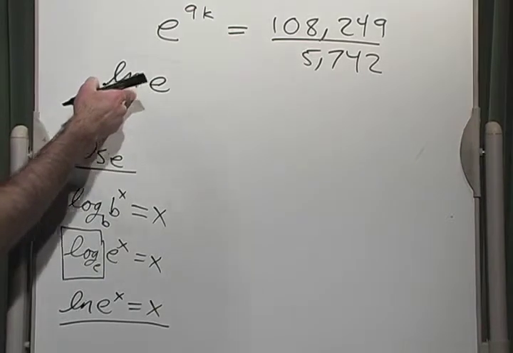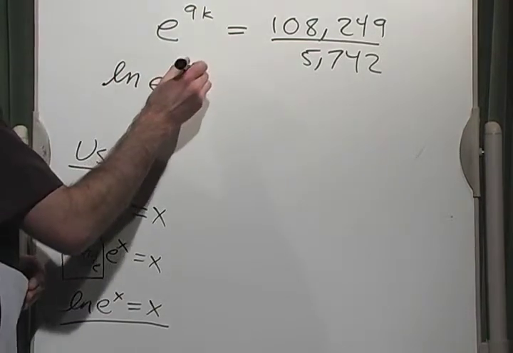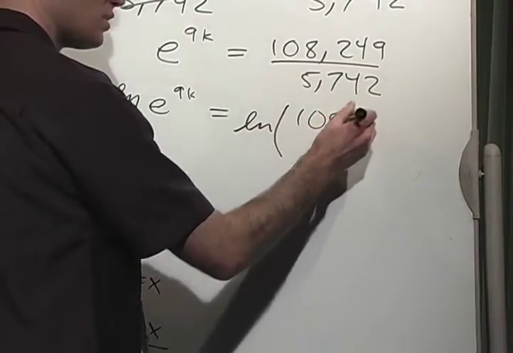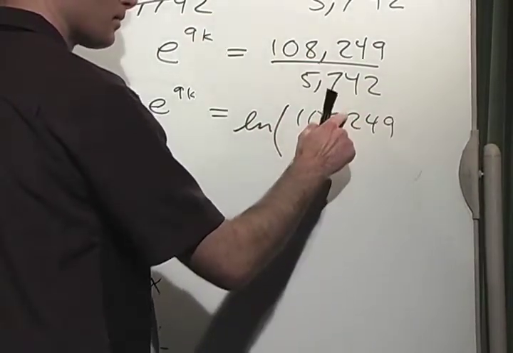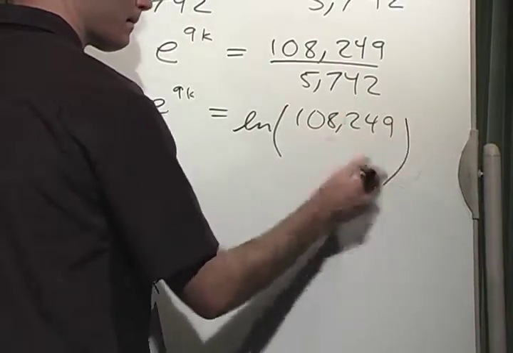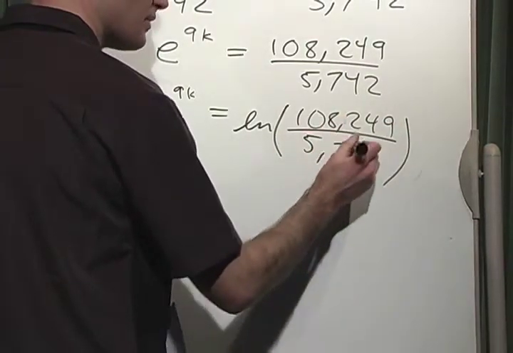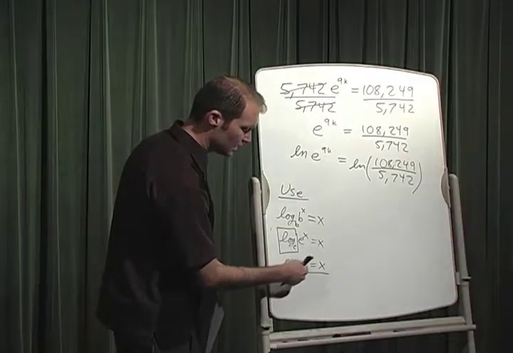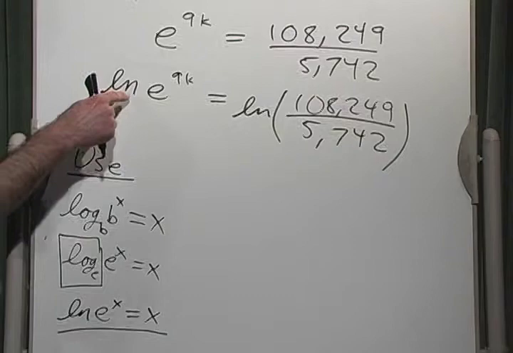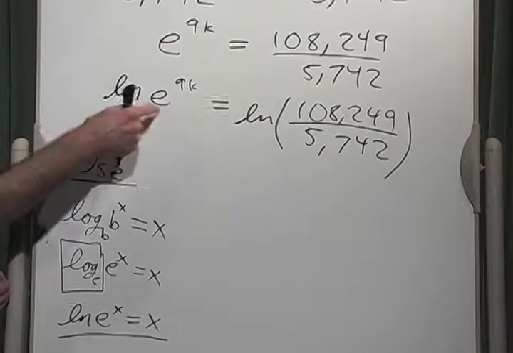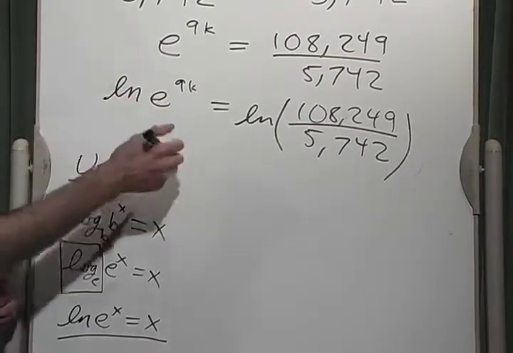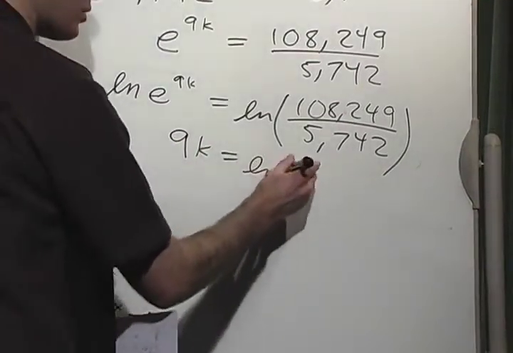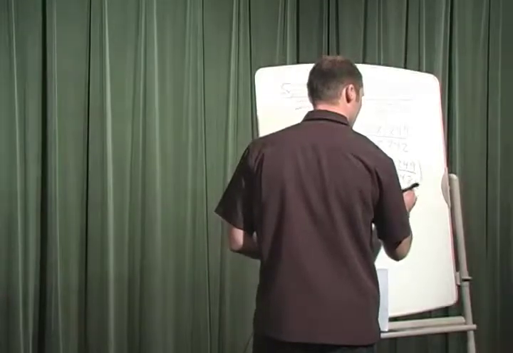So on the left I have the natural log of e to the 9k. On the right I have the natural log of 108,249 over 5,742. And since the natural log of e to the x equals x, on the left-hand side these things undo each other, and I'm left with just 9k equals the natural log of that expression.